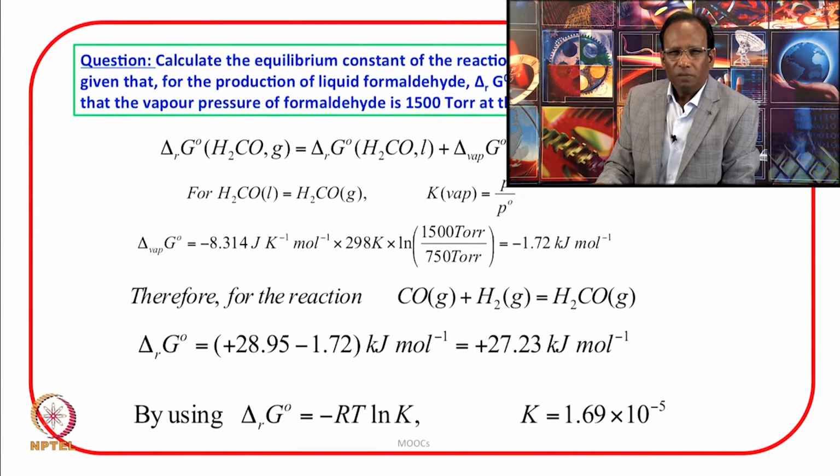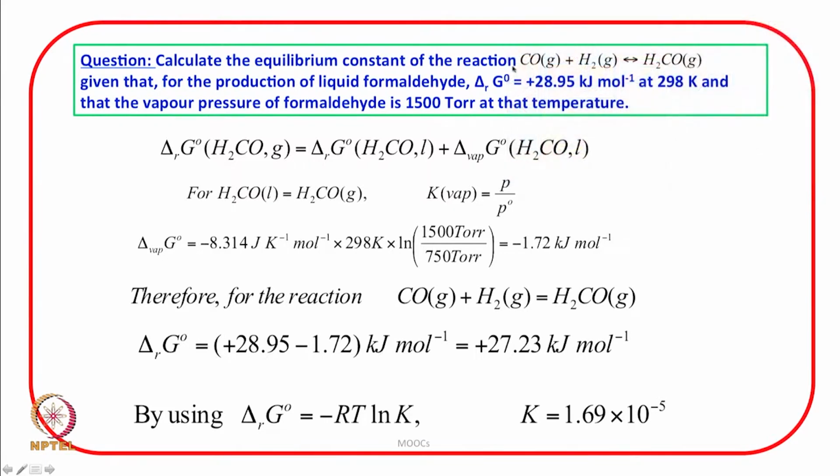So, note the tricks used in solving this kind of question. Initially, we were asked to find out the equilibrium constant for this reaction, formation of gaseous formaldehyde. And the given information to us is the standard Gibbs energy for the production of liquid formaldehyde. That means we must then add the thermodynamic quantity corresponding to the vaporization process.